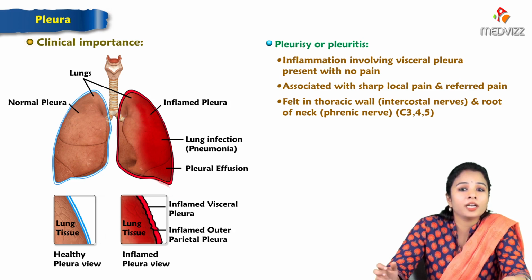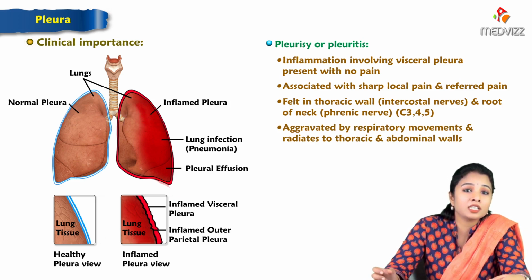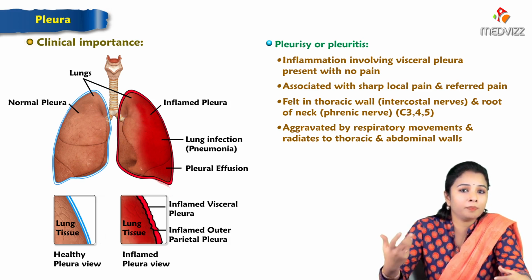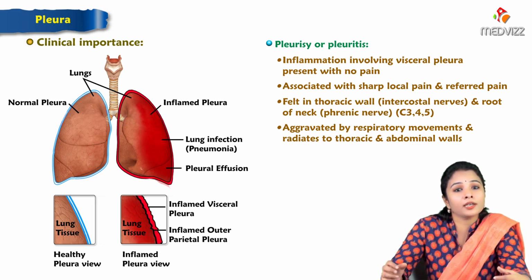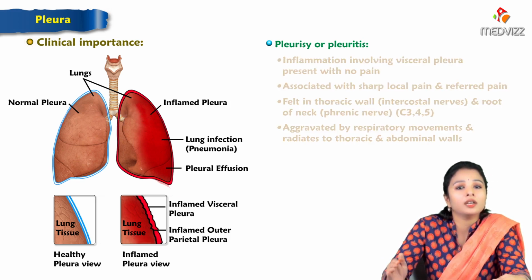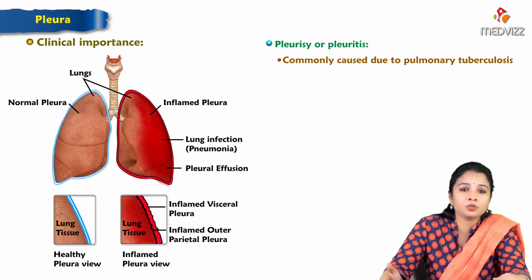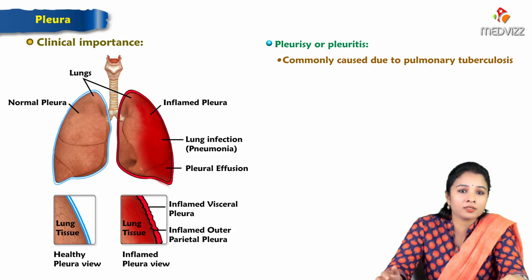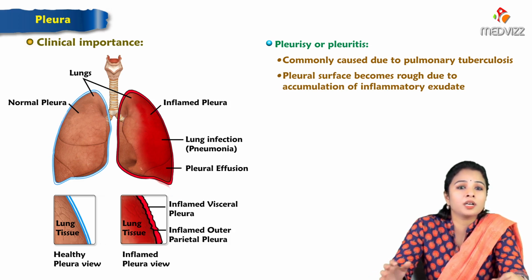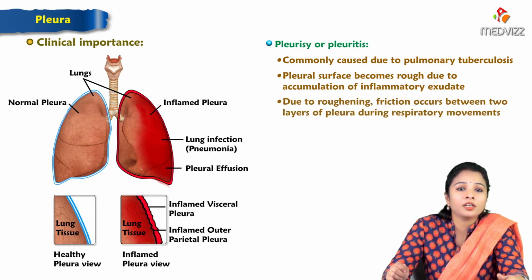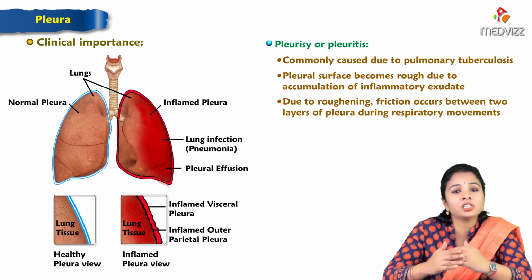Clinically, parietal pleuritis presents as pain which is aggravated by respiratory movement. When the person is inspiring and expiring, the pain gets aggravated, and the pain radiates to the thoracic and abdominal walls. It is commonly caused by pulmonary tuberculosis, TB lungs. The pleural surface becomes rough due to the accumulation of inflammatory exudate, and friction occurs between the two layers.